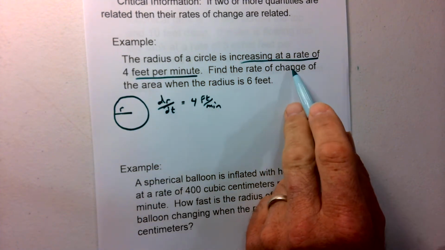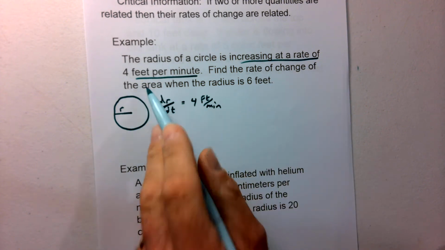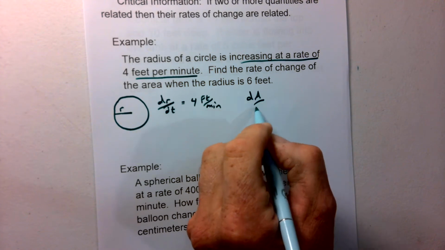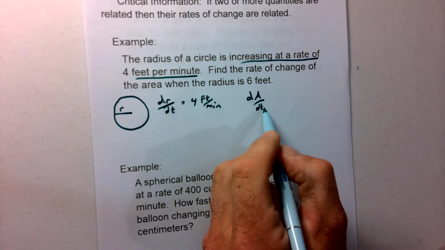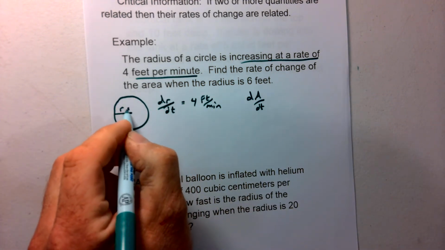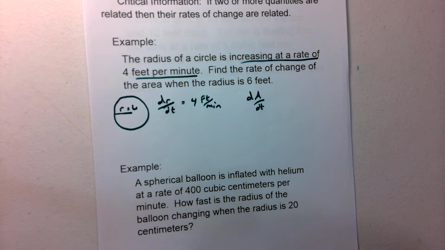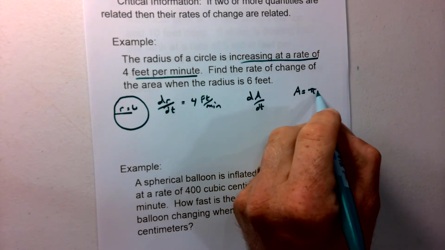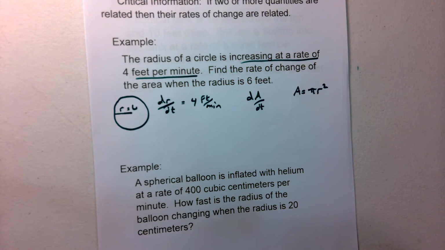We want to find how fast dA/dt, the area, is changing when the radius is 6. So we need a relationship between the area and the radius of a circle. We hopefully know that area is pi r squared.